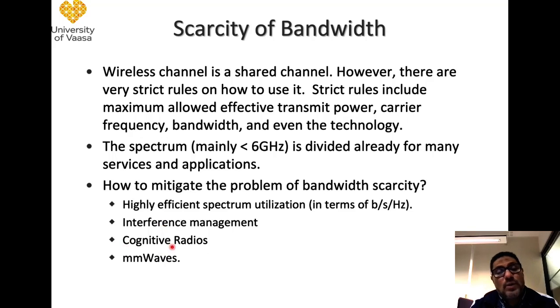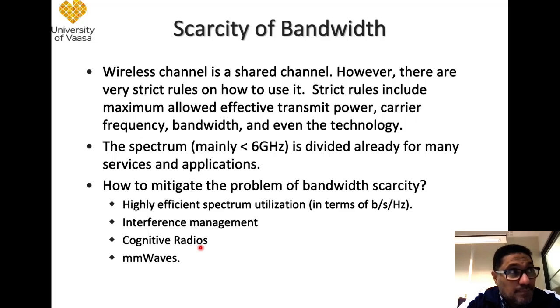The third possible way is to use cognitive radios. Cognitive radios is one of the new technologies, because even though the spectrum is licensed already, the primary user, or the user who pays for that band, does not necessarily use the band 24 hours a day and in every geographical area.